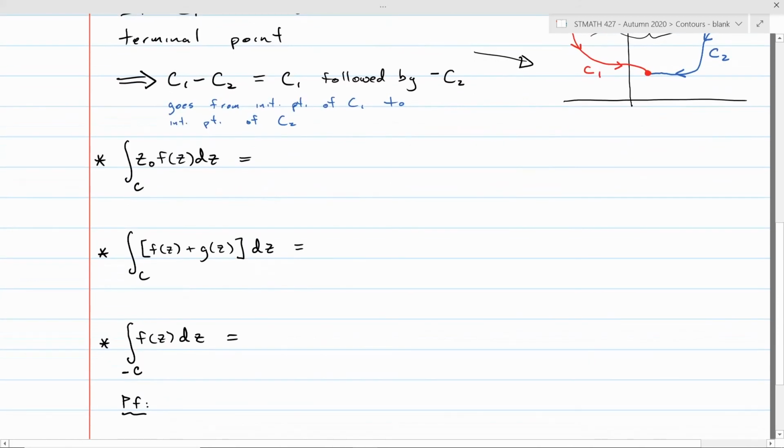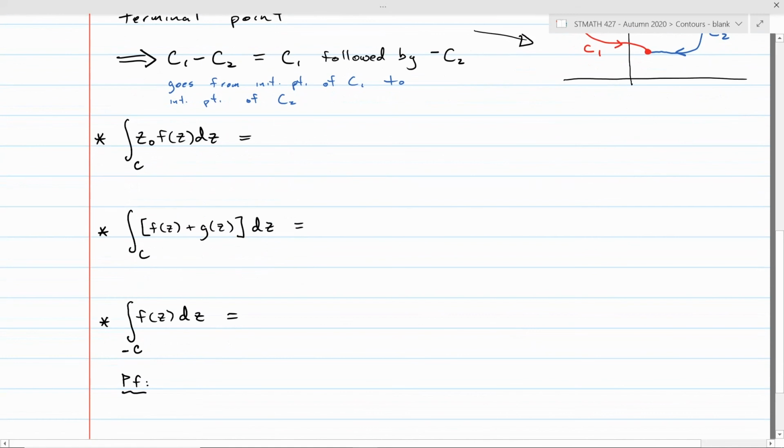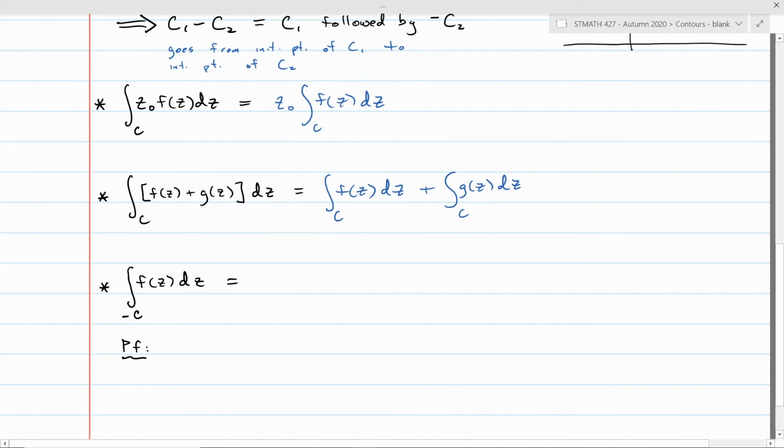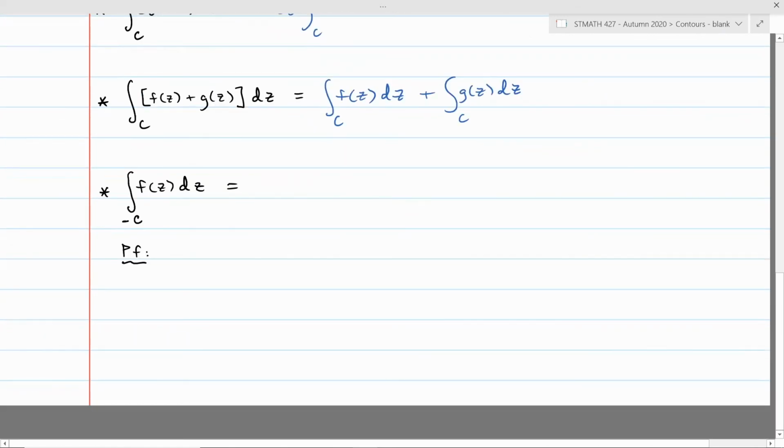And then a few other properties that you should be expecting about integrals, just linearity properties. If you integrate on the contour C, z naught, the constant, times f of z, you can pull that z naught out. And if you've got the sum of two functions inside that you're integrating, of course you can break that up. These properties just fall out of how we defined integrals. If you go back to the definition of the integral, you can chase that down.